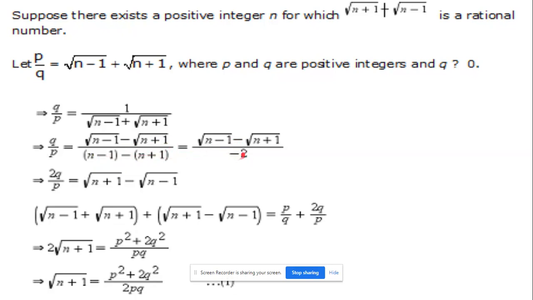To avoid this negative sign, you will take the negative common from the numerator part, and when you take the negative common, this square root of n plus 1 will become positive and this will become negative.